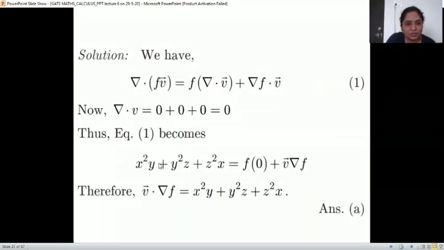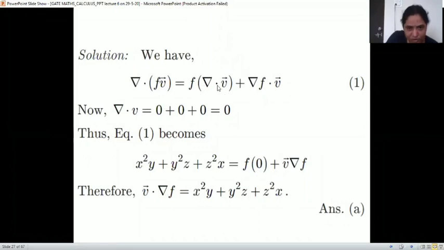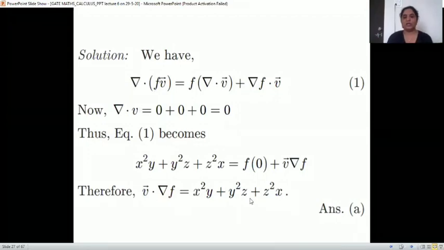Yes, A is the correct one. So this is the formula. Del dot f v bar is f into del dot v bar plus del f dot v bar. But del dot v bar in this case is 0, right? Therefore this term is 0. So del f dot v bar is same as this term, but this term we know. So del f dot v bar is the given thing.